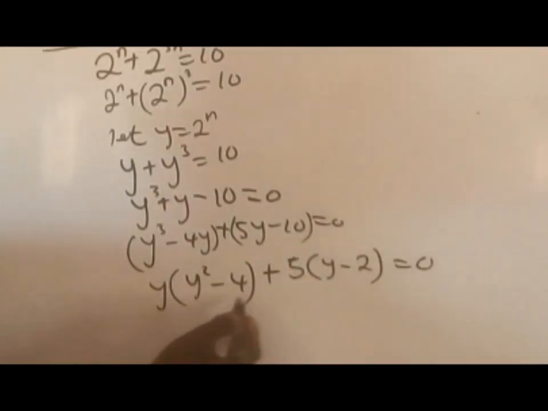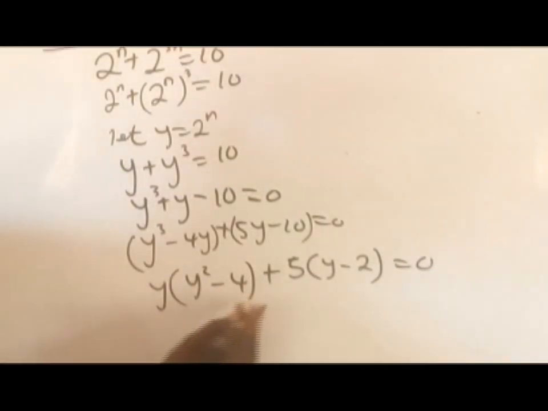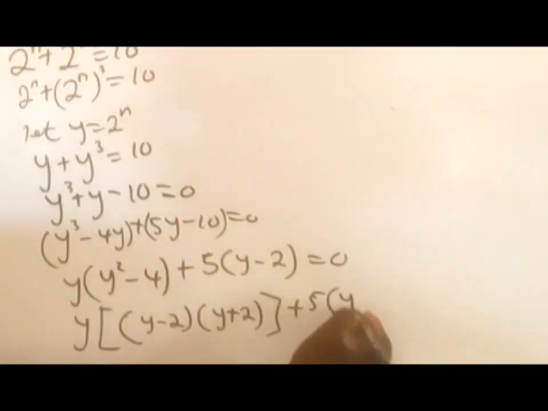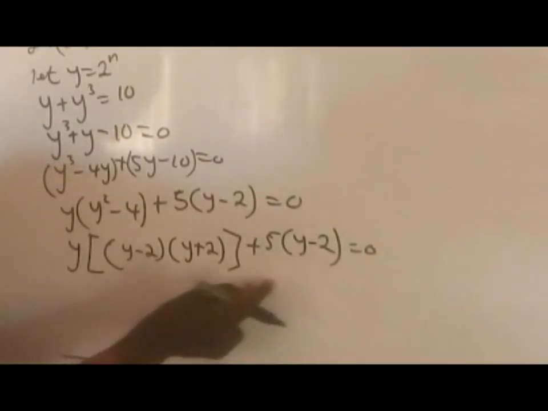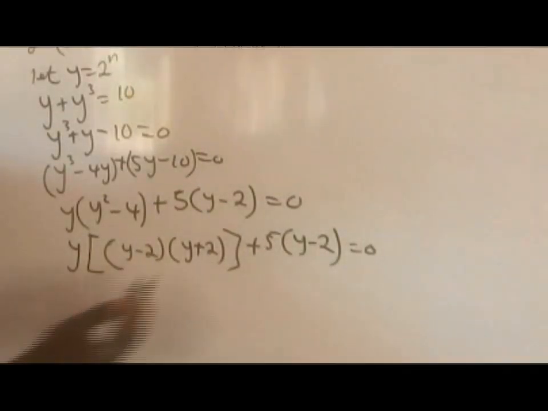If you look at this bracket, it leads us to the difference of two squares, because we have y squared minus 4, which is 2 squared. So we can apply the difference of two squares approach here. We have y into y minus 2, into y plus 2, then plus 5 into y minus 2, equals 0. Looking at this step, we find y minus 2 in common, so we factor one of them outside.